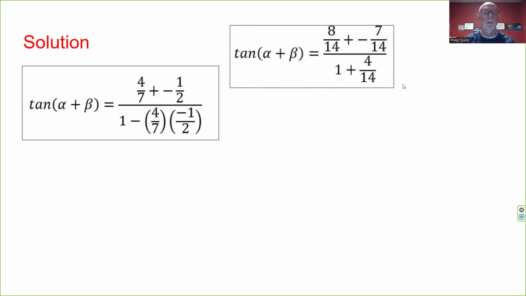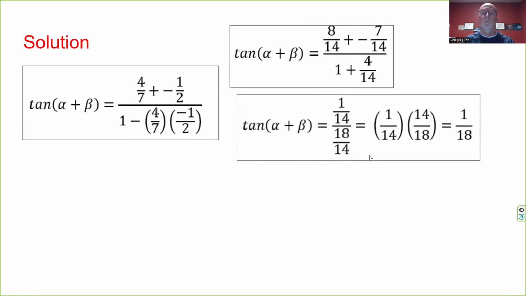On the top, we would have 8/14 plus -7/14, all over 1 plus, because it's subtract the negative, so it's plus 4/14. So we have 1/14 over 18/14.